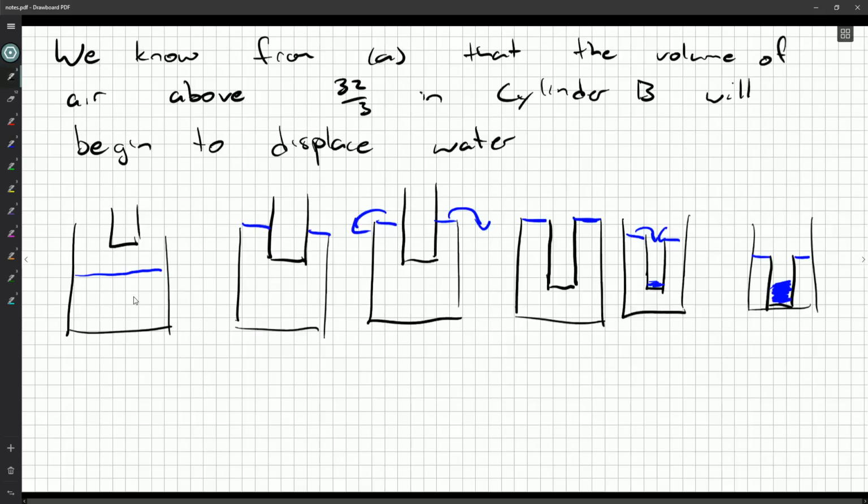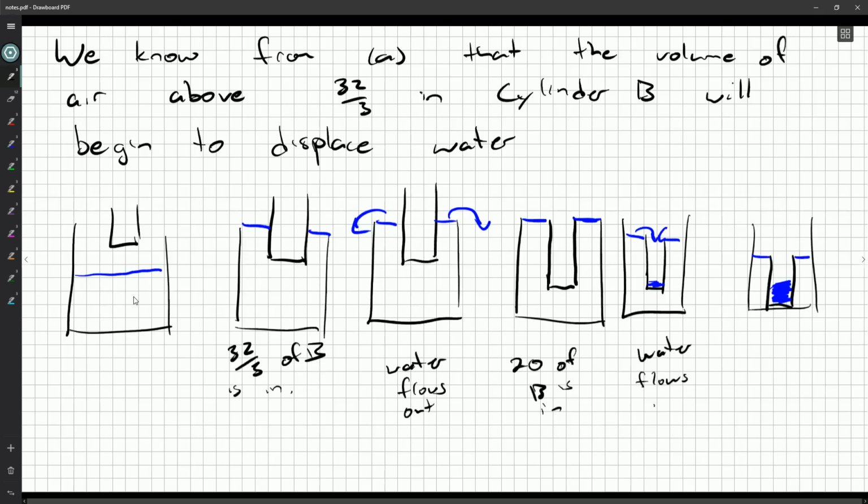Okay, and if you want to, you can label this out. So 32 over 3 of B is in. Water flows out. 20 of B is in. Water flows in. Okay, and then B on the bottom.